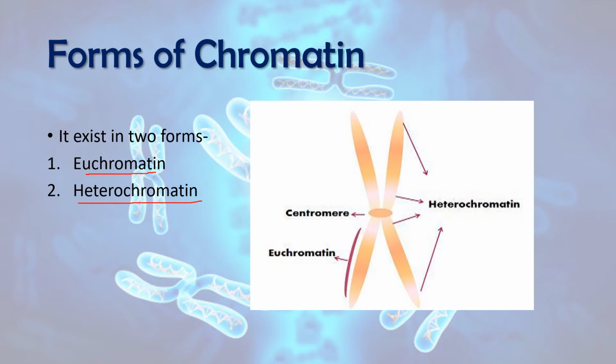So in this diagram, you can see this is our chromosome, having arms. The center one is the centromere, where these two chromatids get attached.